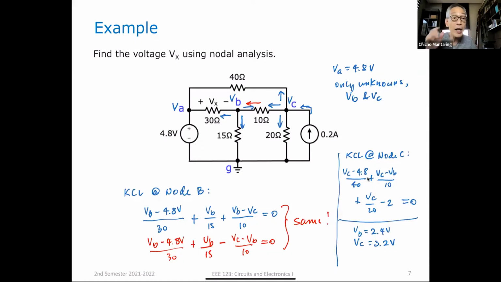But actually, our original problem was to determine V of X. So what is V of X? No, V of X is really VA minus VB. So it's 4.8 minus 2.4. So the answer is 2.4 volts.